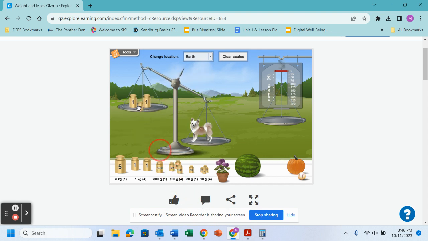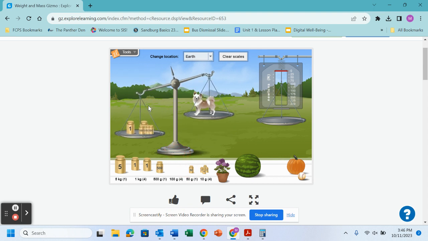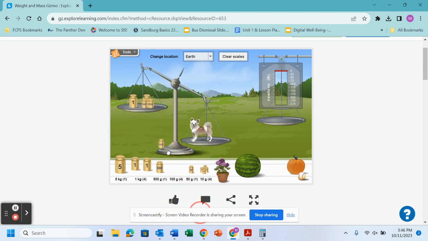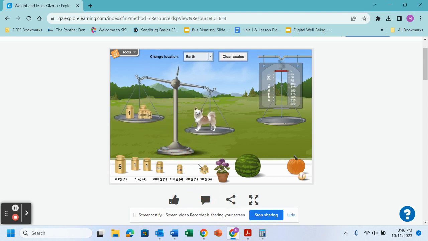So 2,100 grams, 2,200 grams, 2,300 grams, 2,400 grams. Okay, so 2,400 grams is too heavy. So we're getting even closer. So 2,350. Okay, a little bit closer. 2,360, a little bit closer.